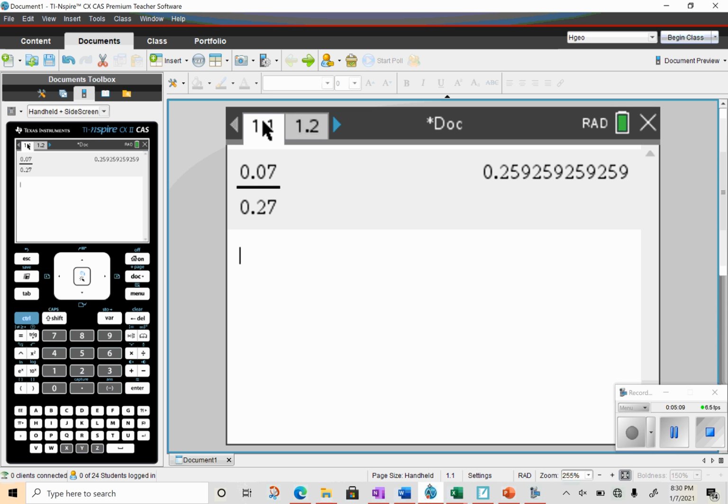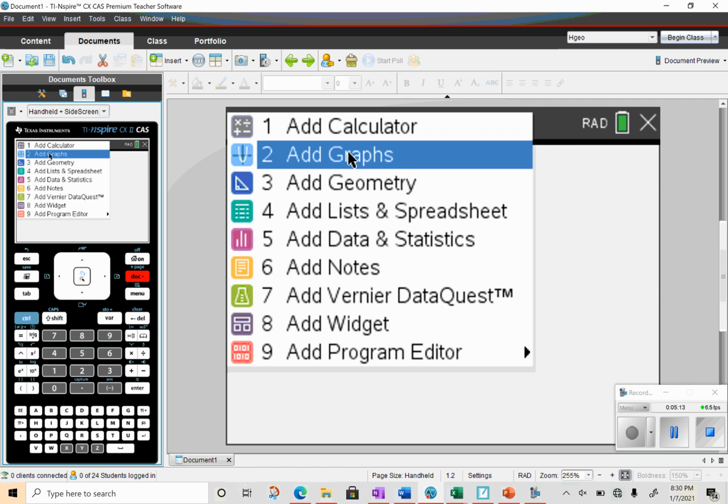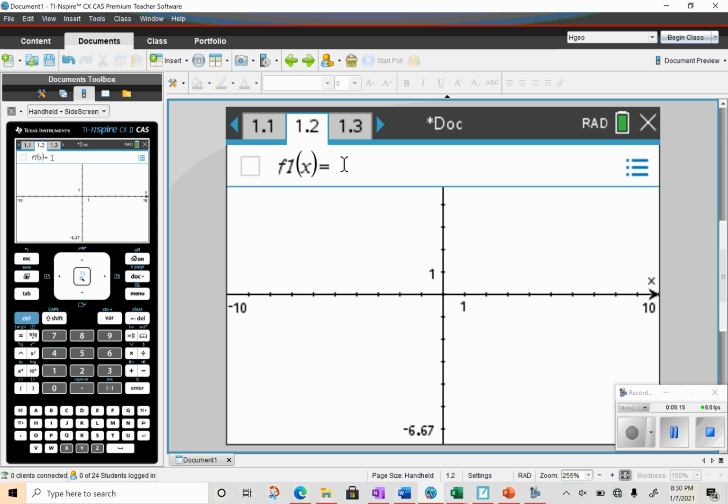I'm going to put in a new page of graphs. But immediately I see an issue here because it says f of x. I don't want to draw a graph here of something that's a function in terms of x and y, f of x. I need a polar graph.